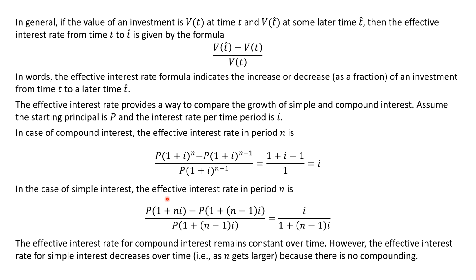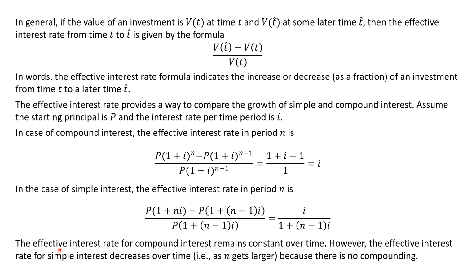So the P's all cancel out, and you get 1 plus (n minus 1) times I in the denominator. On the top, after the P's cancel out, you notice the 1's cancel, the n times I cancels, and you just get a 1 here times I. So you get this formula here.